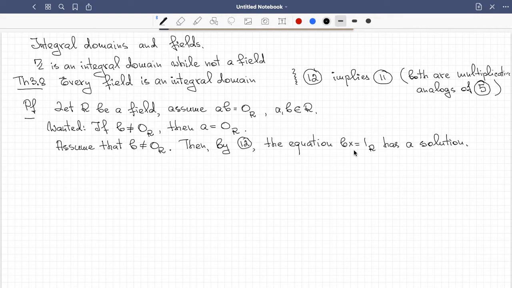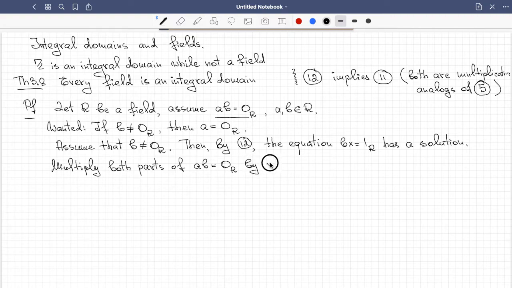Let us multiply this equation by X. We multiply both parts of AB equals 0 in R by X. What we produce is A(BX).